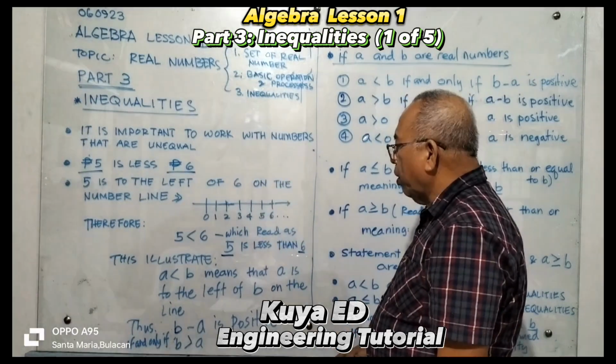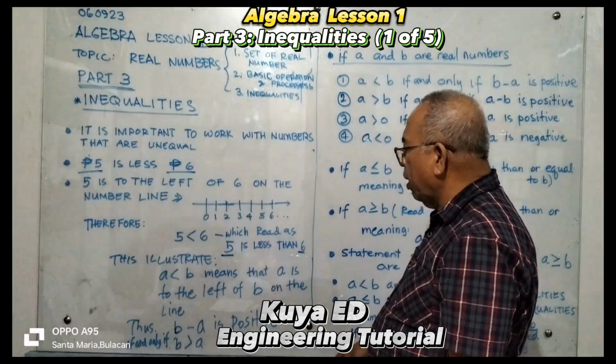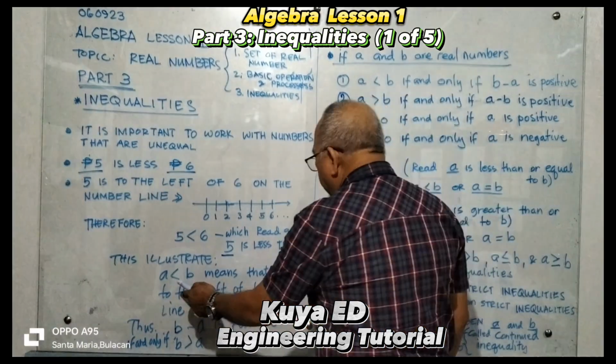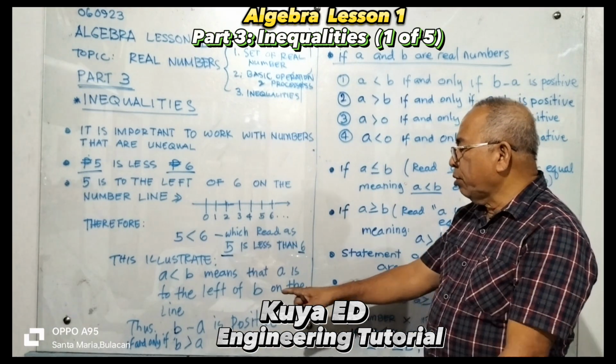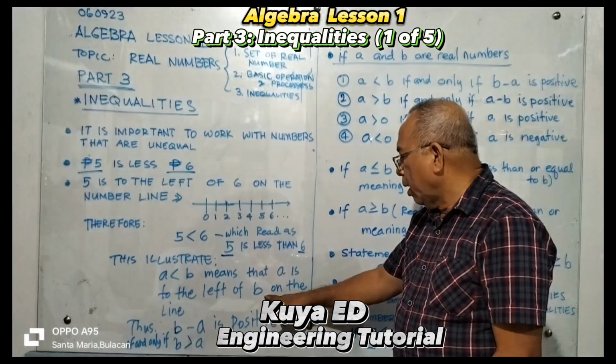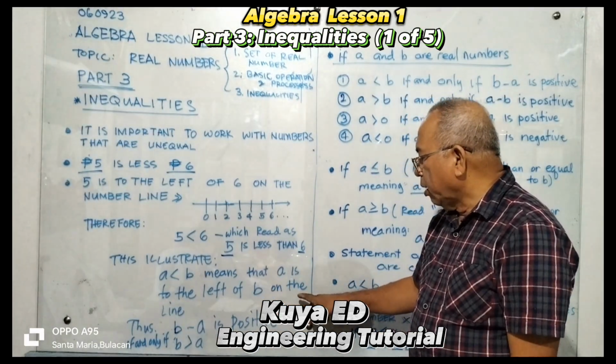So, to illustrate this, A is less than B, which means that A is to the left of B on the line.